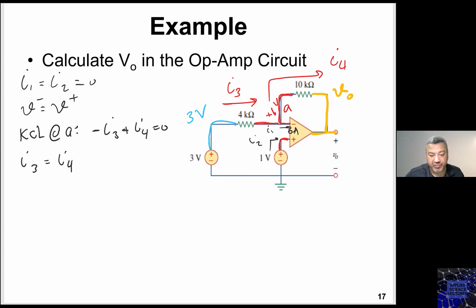Can somebody tell me? Any volunteer? I3 is 3 minus 1 over 4k.